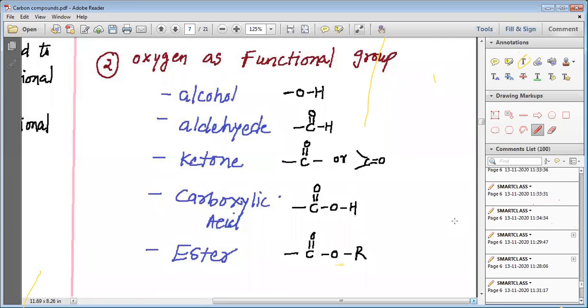Now, my dear students, we will study the functional groups that contain oxygen.